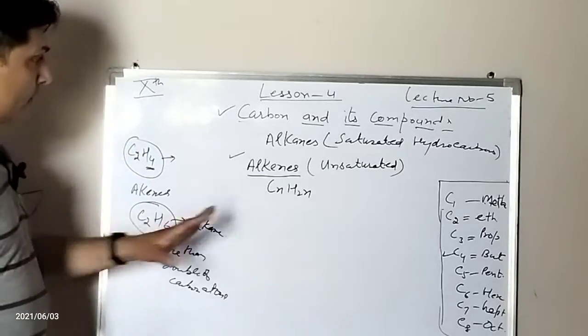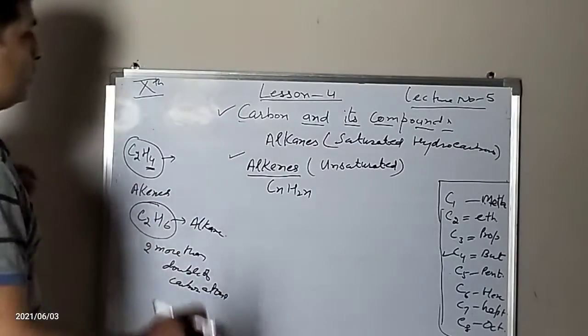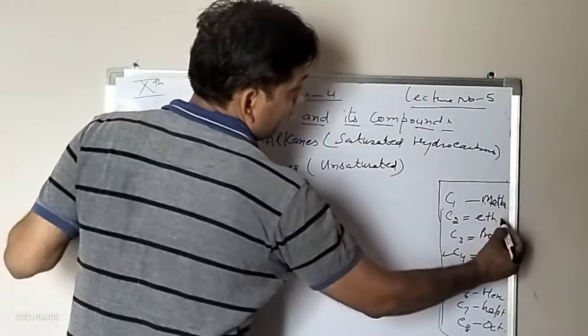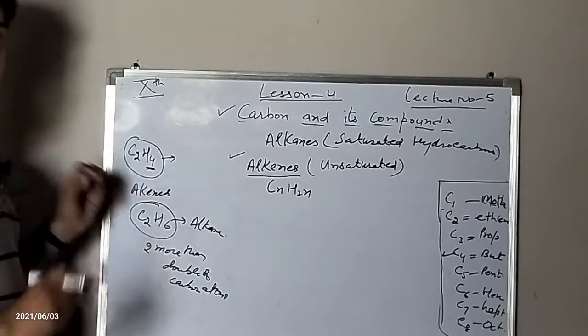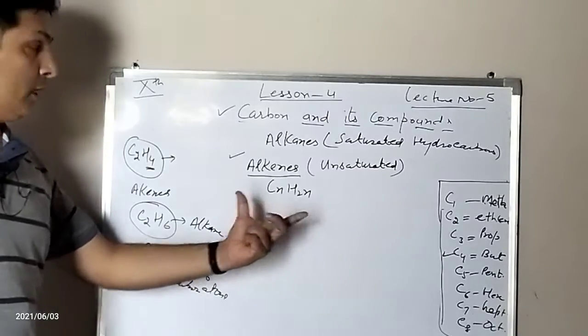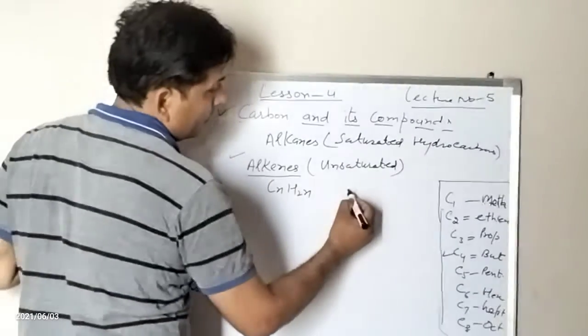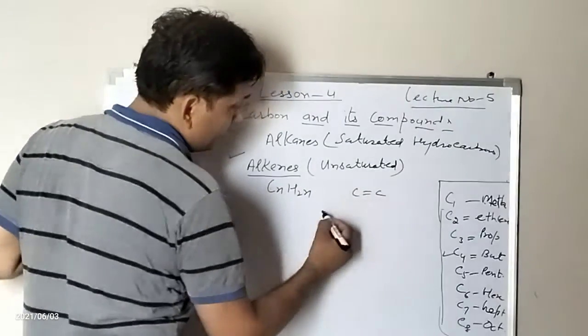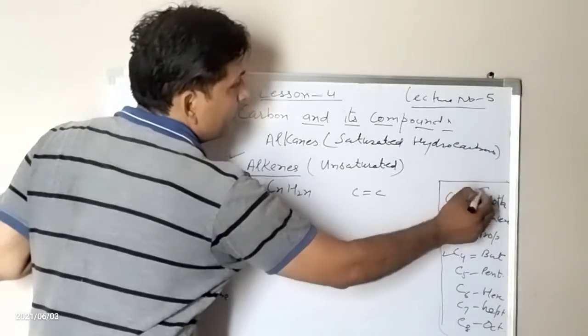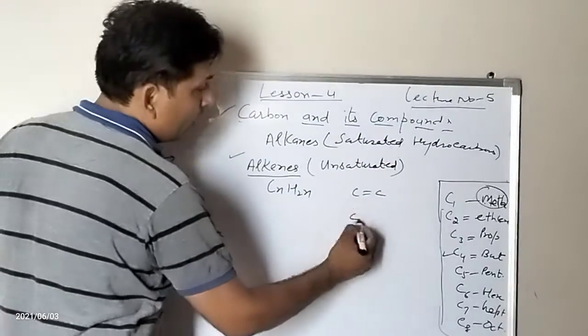Now our chief concern is to discuss alkenes. You put "ene" if there is a double bond between two carbon atoms. It requires a double bond between carbon atoms. Therefore, the first member of this cannot be methane because it contains only one carbon.